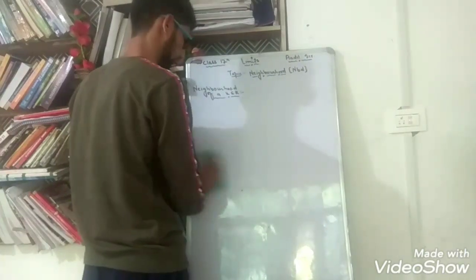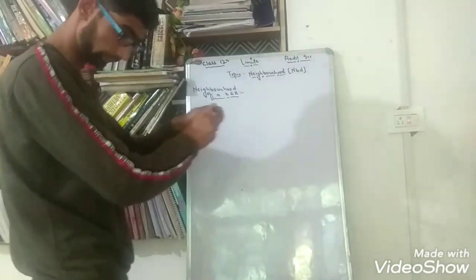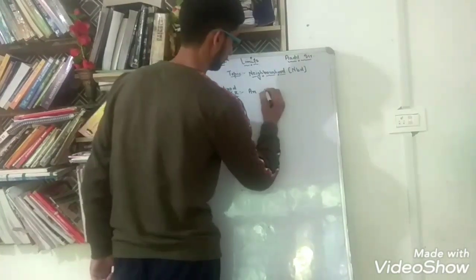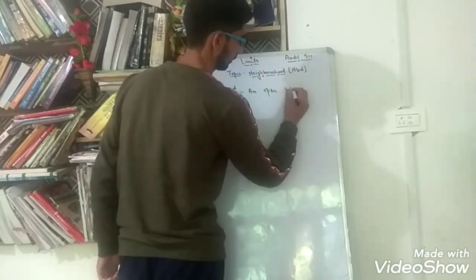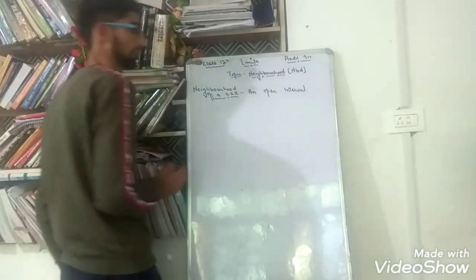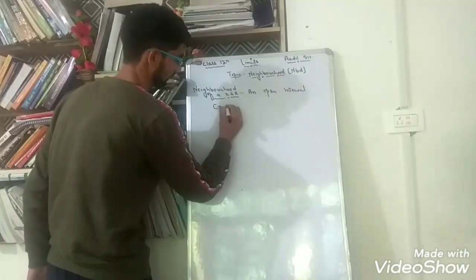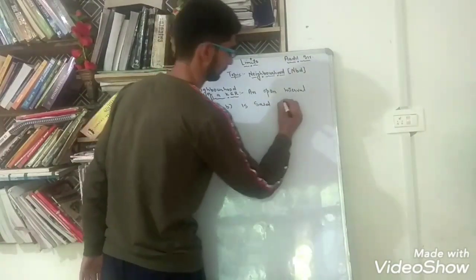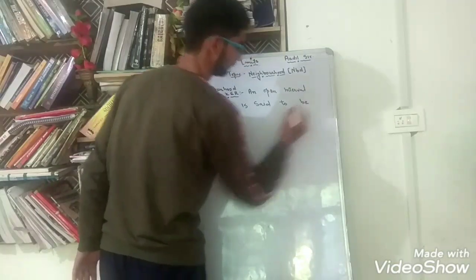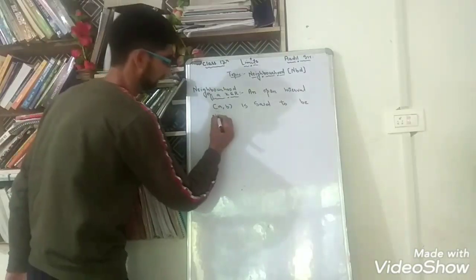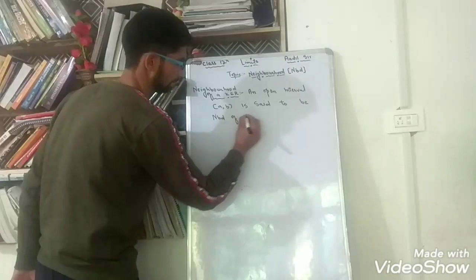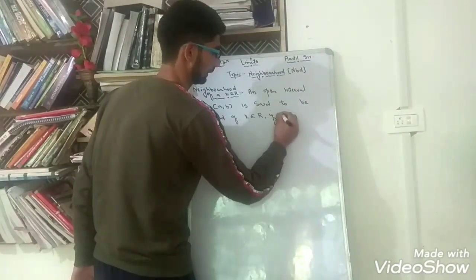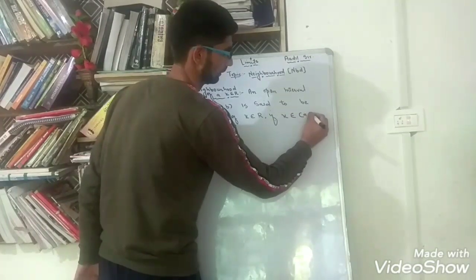So we write the definition. Neighborhood: an open interval (a, b) is said to be a neighborhood, I will write neighborhood short for N, of x belongs to R if x belongs to the open interval (a, b).